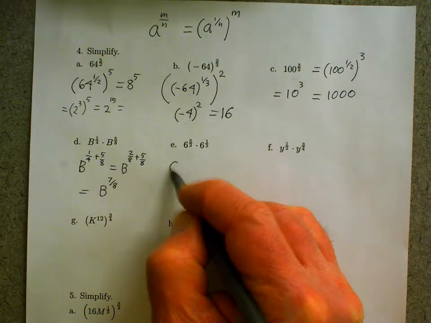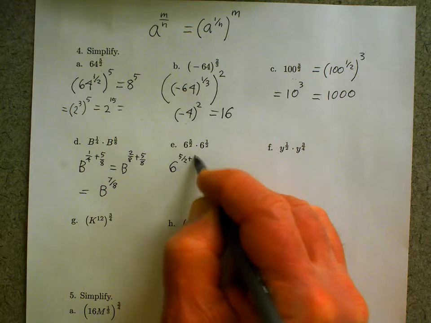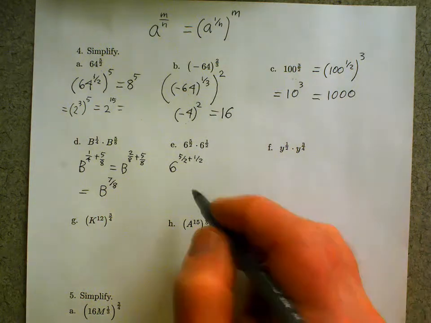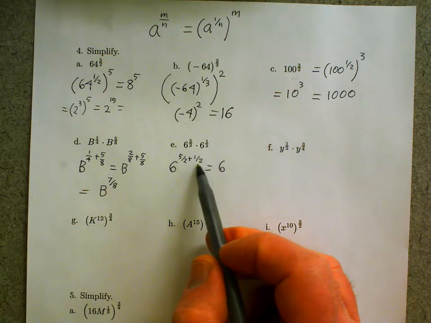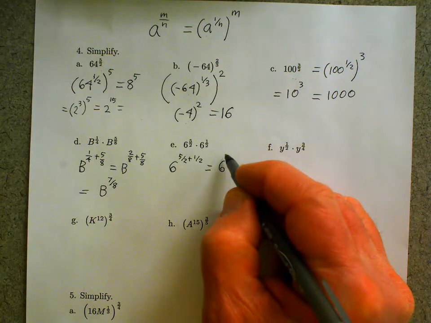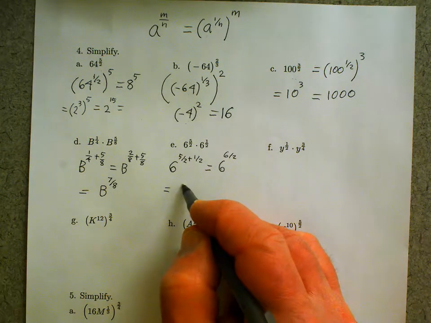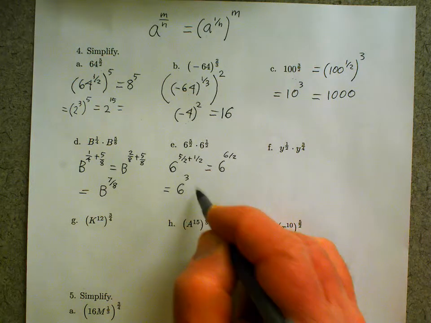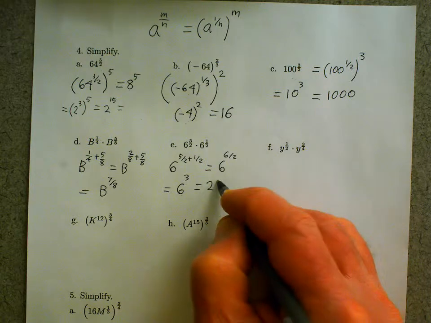We can write this as 6 to the 5/2 plus 1/2. 5/2 plus 1/2 is 6/2. 6/2 is 3, so we get 6 to the 3rd. And 6 to the 3rd is pretty simple to evaluate. 6 times 6 times 6 is 216.